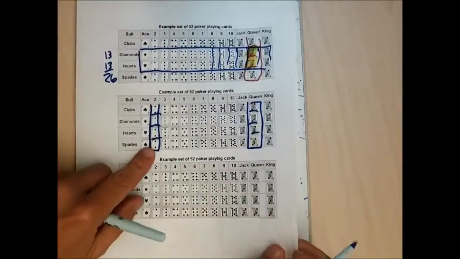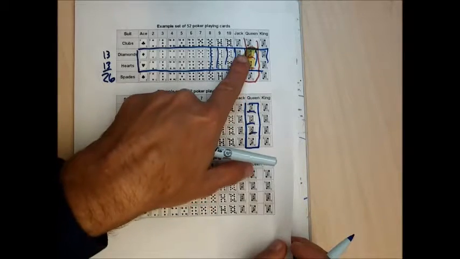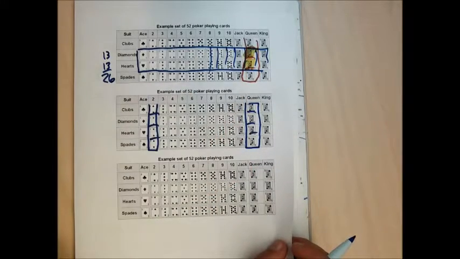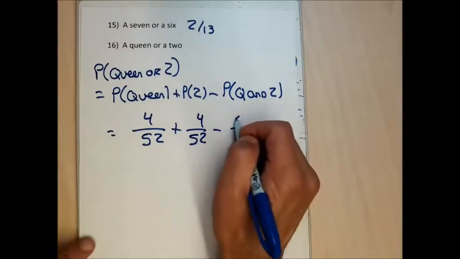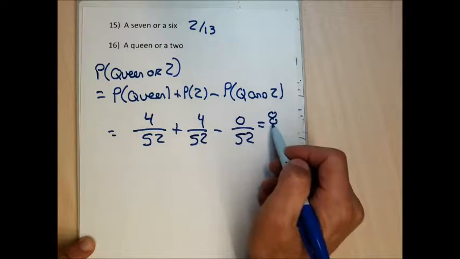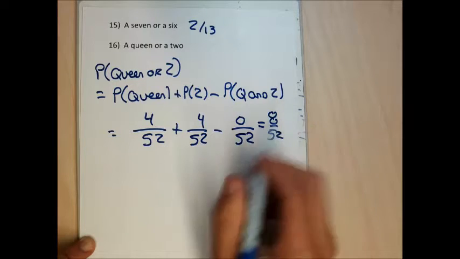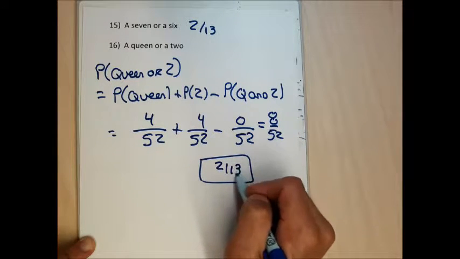And because the group of 2s and the group of queens don't have any overlapping like the queens and the red cards do, the third fraction is going to have a 0 in the numerator because there's no card that's both a queen and a 2 at the same time. So if I add these up, 4 plus 4 minus 0 gives me 8 over 52. And when I reduce this fraction, my answer to number 16 is going to be 2/13.